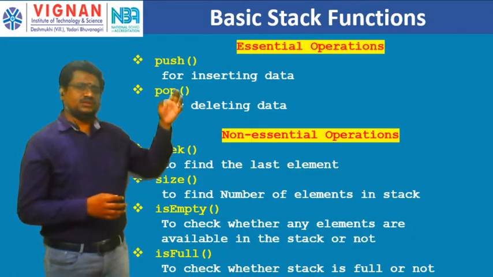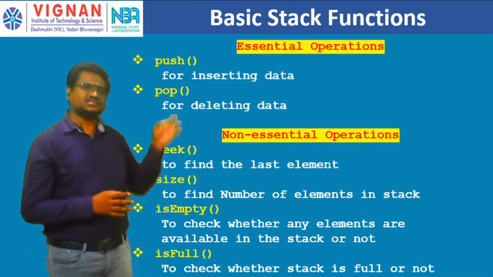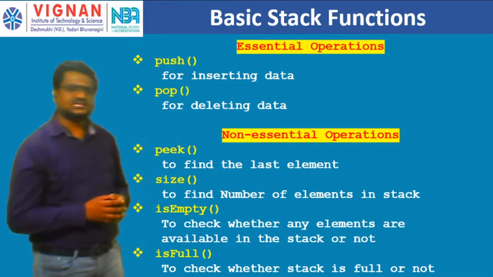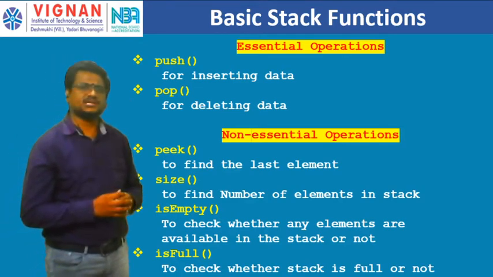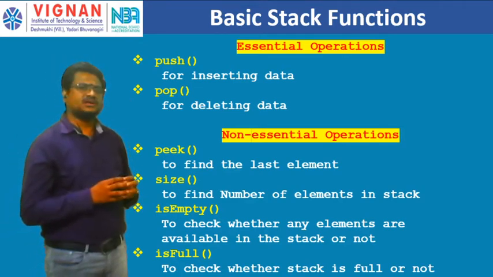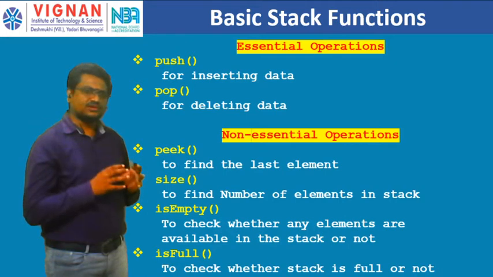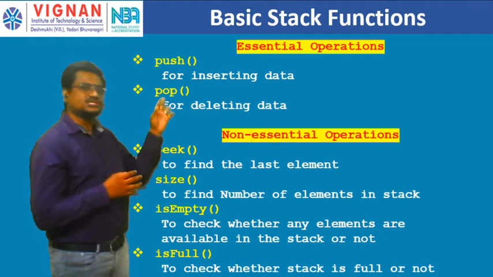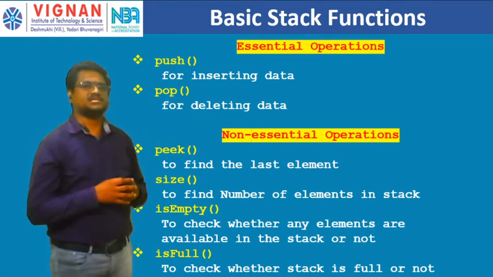Now, coming to the operations of a stack, it has two types of operations. One is essential operations, the second one is non-essential operations. Essential operations are what you need if you want to perform operations on the stack. Push and pop are the most important.